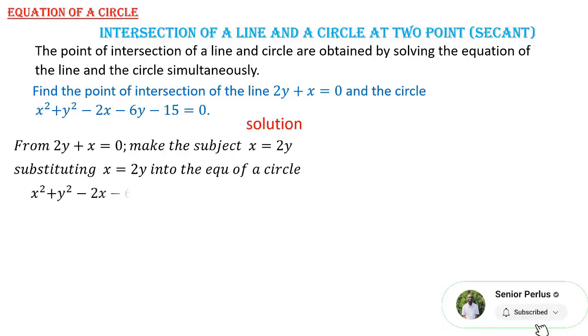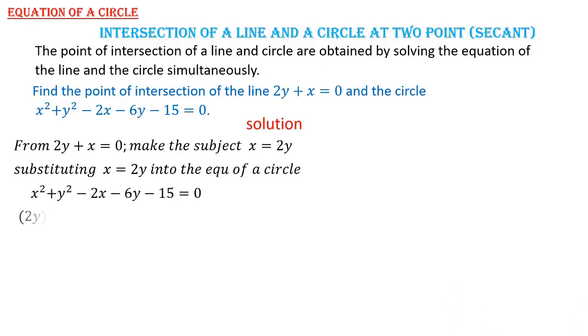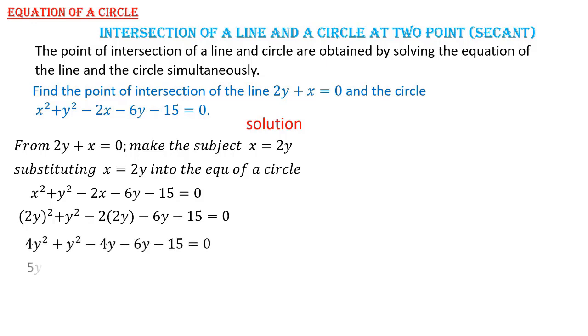So if we substitute, this is what we will get. In place of x, we just substitute there, then we simplify. So let's solve for our y. And this one, we have got a quadratic equation here, and we know how to solve a quadratic equation.